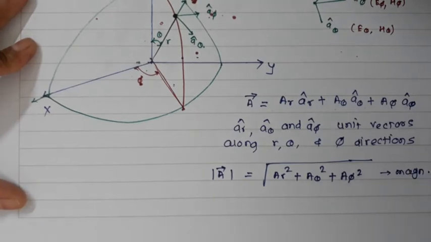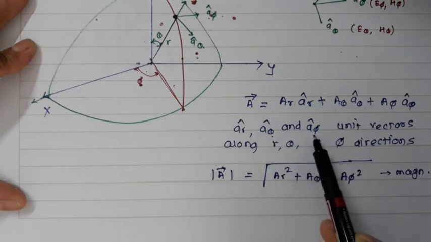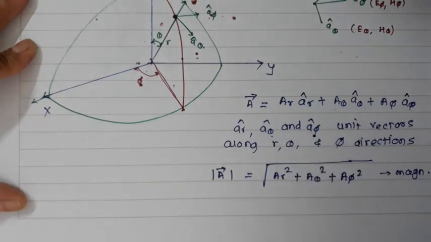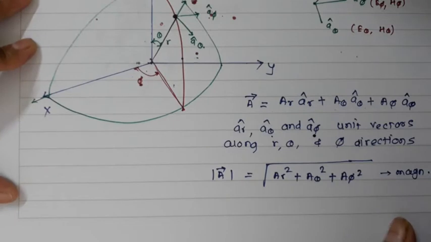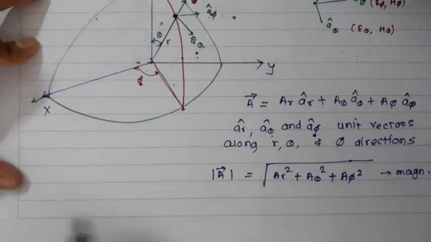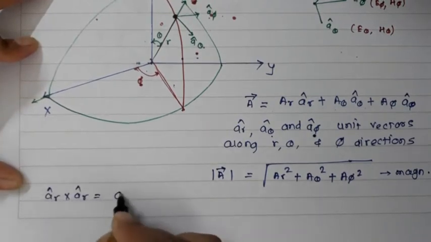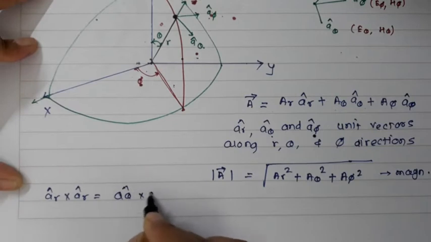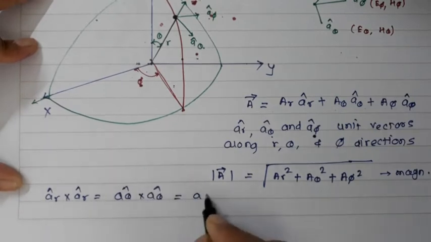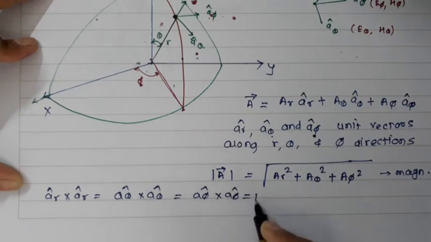Now the next one is that a_r, a_theta and a_phi are mutually orthogonal. What do we mean by orthogonal unit vectors? If I multiply a unit vector with itself, like a_theta with a_theta and a_phi with a_phi, I'll get 1.